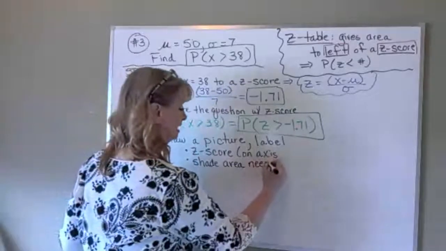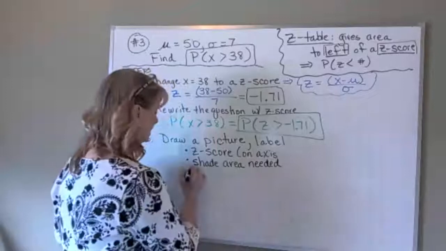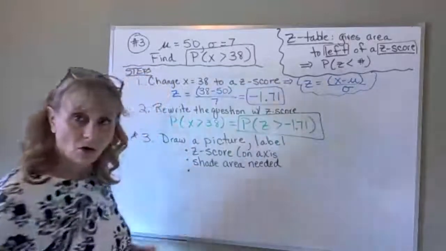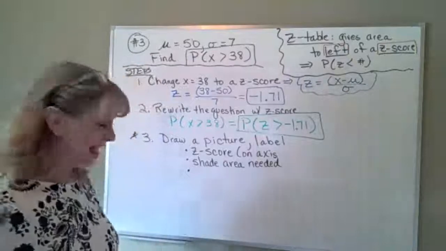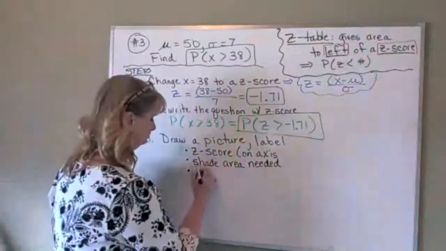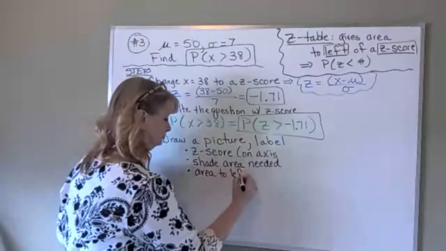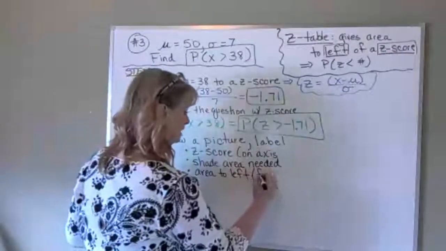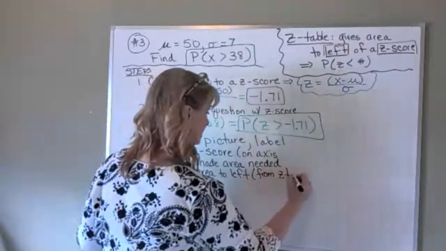Let's say shade area needed. And we're going to look up the area to the left and label that on the picture. And we're getting that from the Z table.